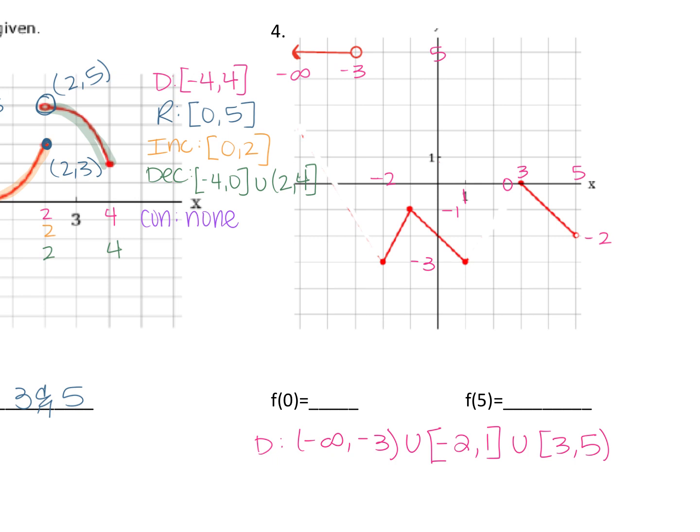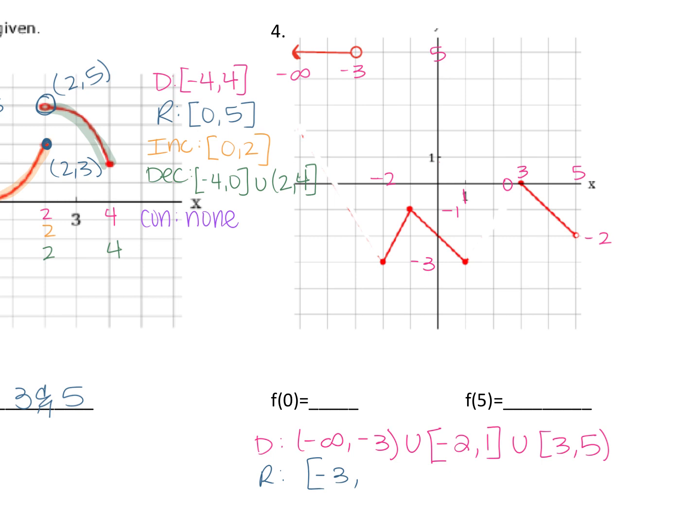From here, look at your y values for your range. For your range, y values, lowest to highest, you have from -3 up to -1 with that lowest, that upside down V. Do we have to do more than bracket -3, or can we just put -3 and then 5?